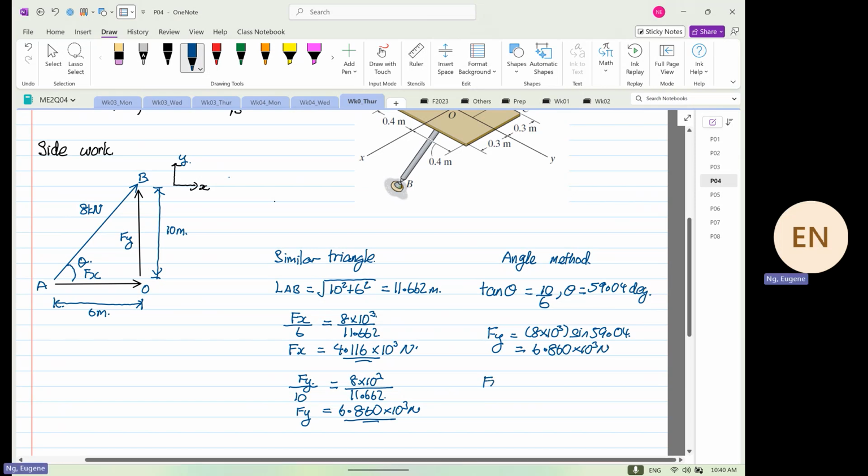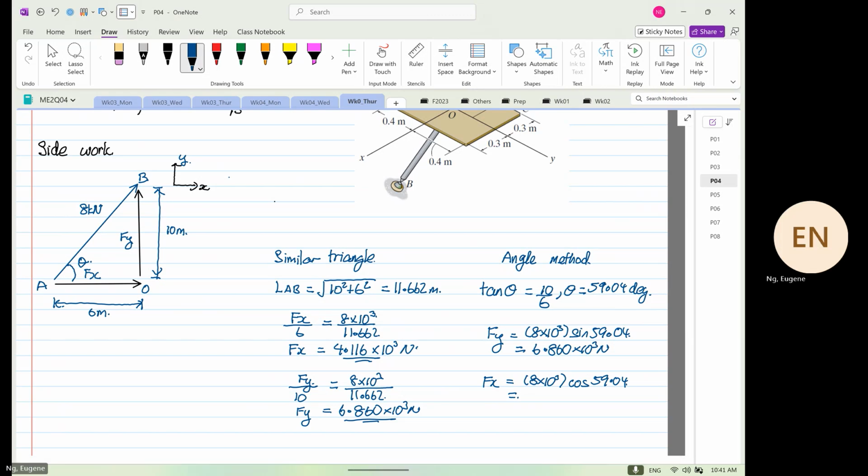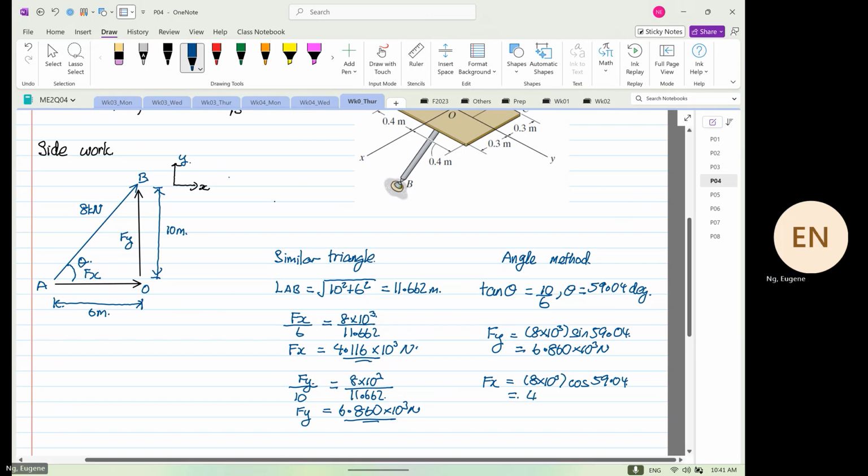And then you have Fx equal to 8 times 10 to the power 3 cos 59.04. So it's 4116. Okay, the answer is the same. Are we clear?